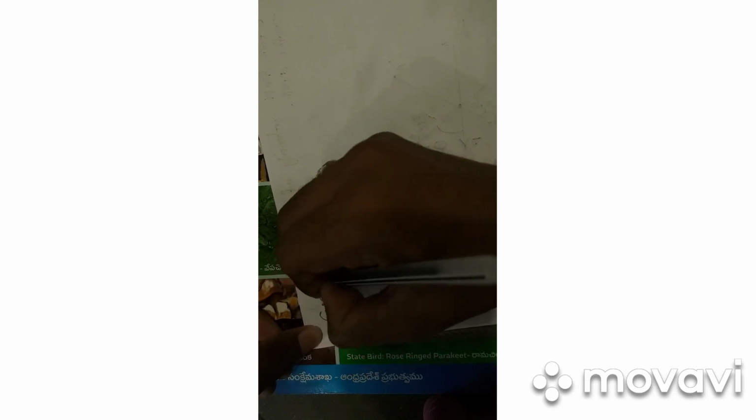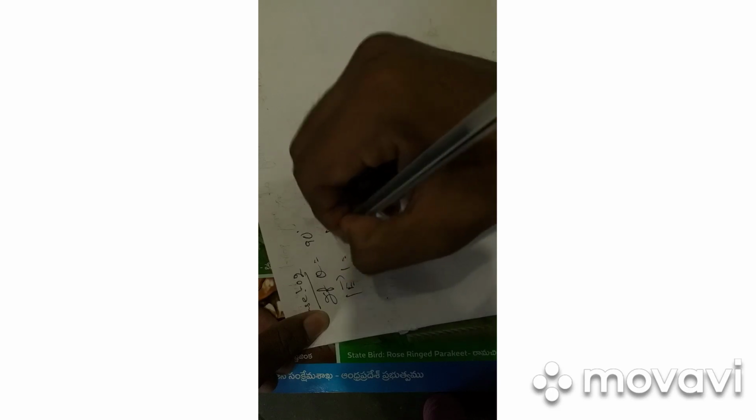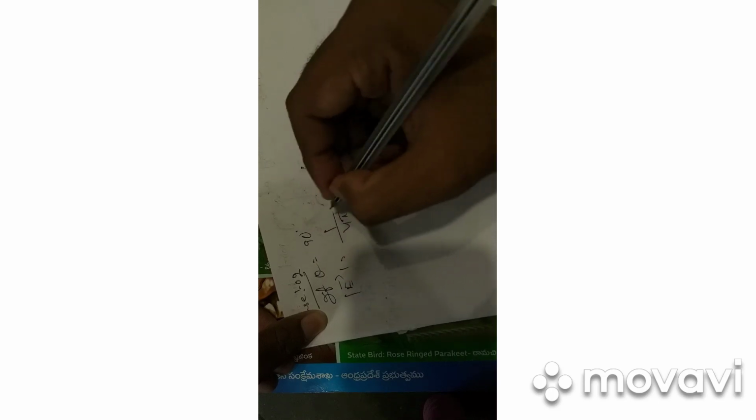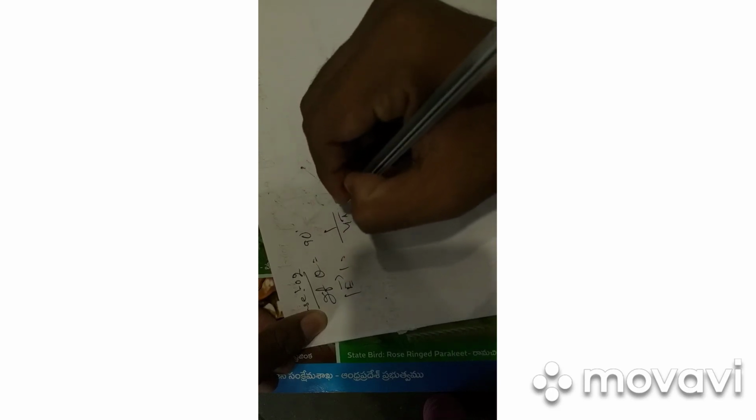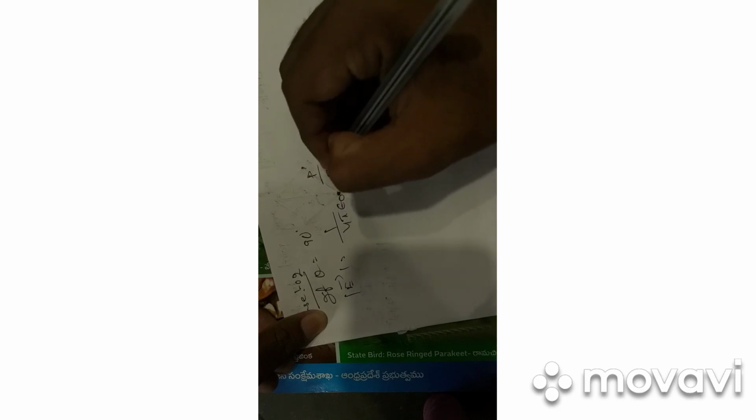Similarly, case 2: if theta equals 90 degree, then the magnitude of E equals 1 by 4 pi epsilon 0 p by r cube square root of 3 cos square theta plus 1. Cos 90 degree is 0.